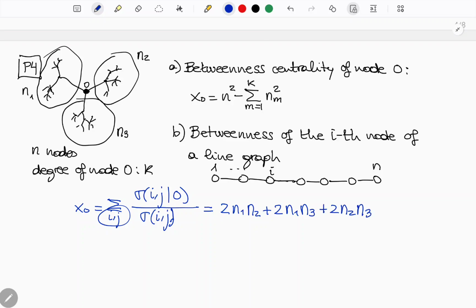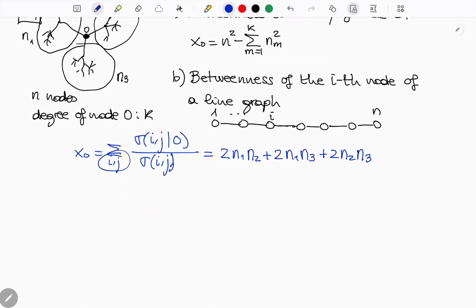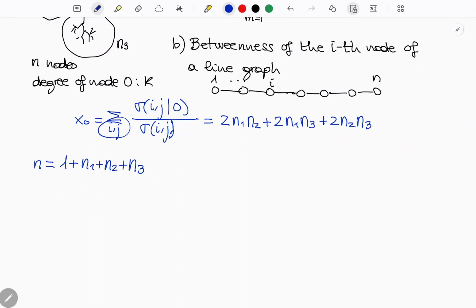Okay, and here, if you can see this, the total number of nodes in the network is going to be 1, which is node 0, plus n1, plus n2, plus n3. So if you compute n minus 1 squared, this is going to be n1 plus n2 plus n3 squared.